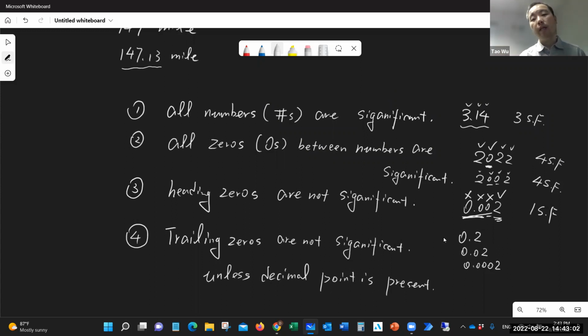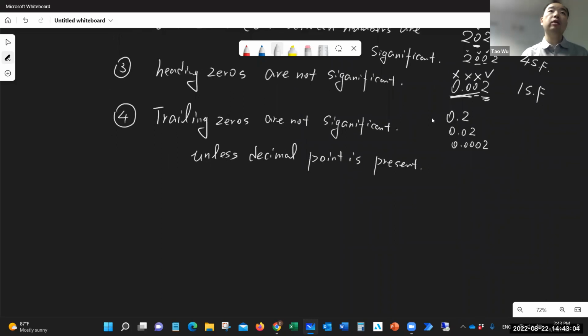Okay, so what does that mean? Sometimes it's confusing. For example, if we have 2000, or you say 2020, okay? So in this number, those are trailing zeros, right? This zero is also a trailing zero, okay? So trailing zeros are not significant if there's no decimal.